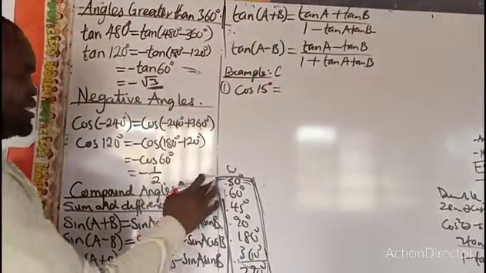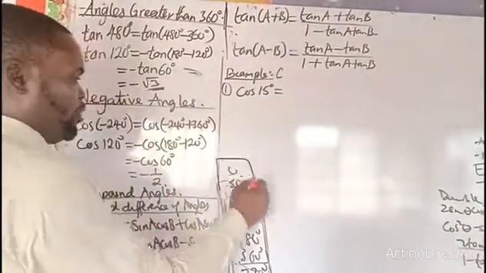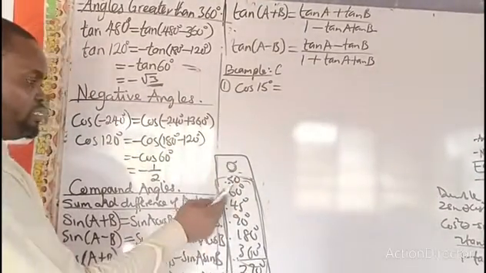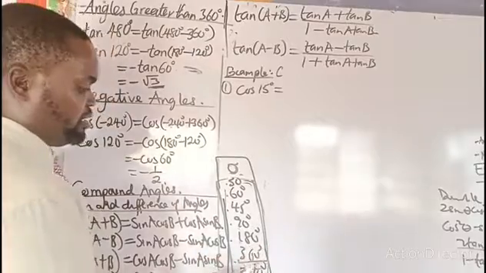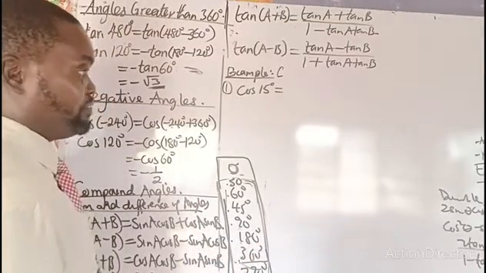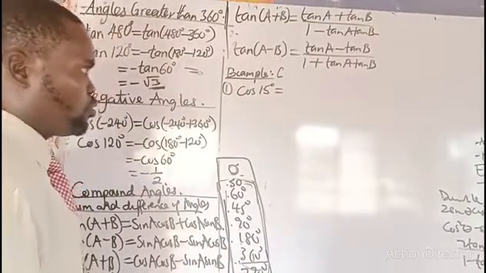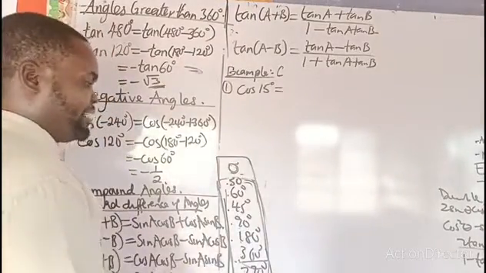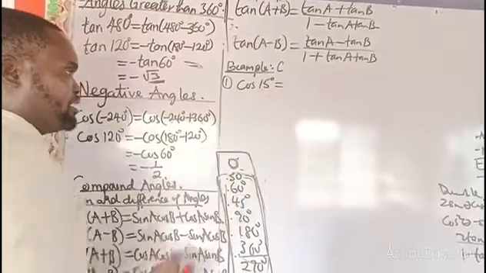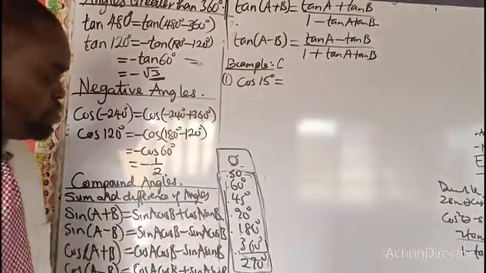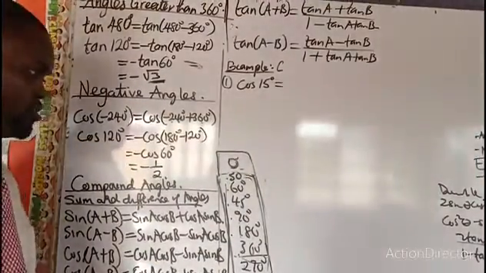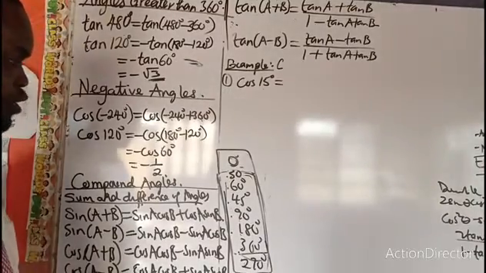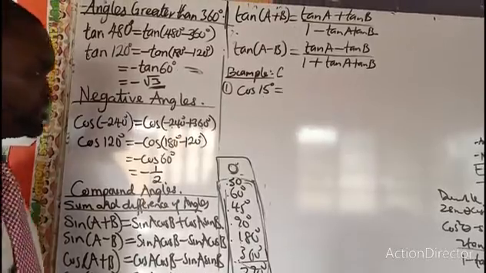Is 15 degree among the basic numbers that we mentioned, 0, 30, 60, 45, 90, 180, 270, 360? No. So the question you now ask yourself is, which numbers can I use, plus or minus, to get 15 degree? Definitely plus may not work, but minus should be able to work.